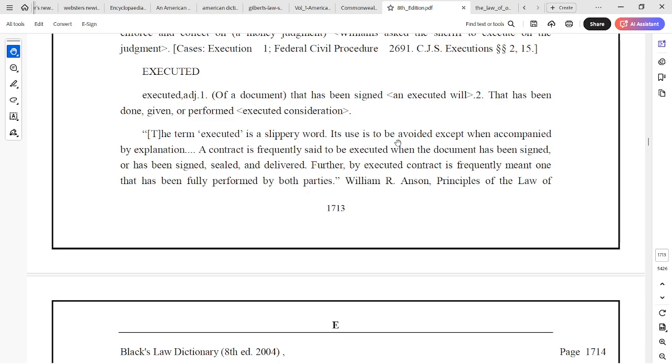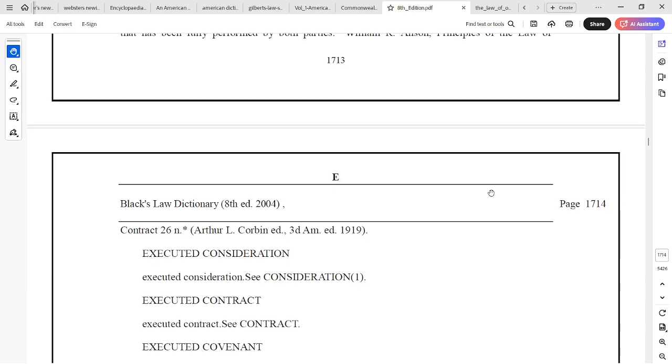Its use is to be avoided except when accompanied by explanation. A contract is frequently said to be executed when the document has been signed, or has been signed, sealed, and delivered. Further, by executed contract is frequently meant one that has been fully performed by both parties. William R. Anson, Principles of the Law of Contract.